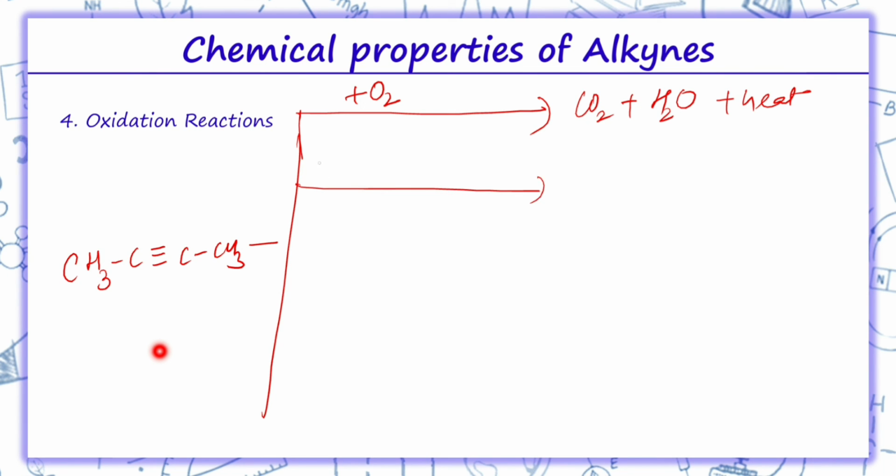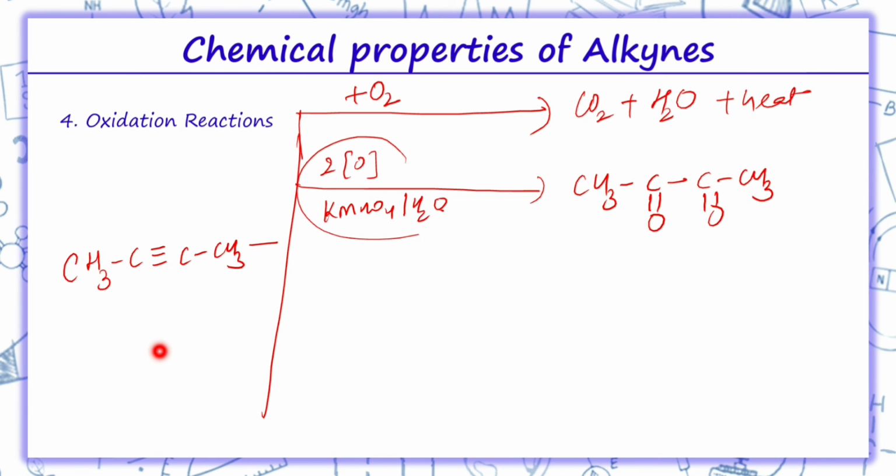Next is oxidation with KMnO4. When an alkyne is passed through an alkaline solution of permanganate, like KMnO4, if the triple bond is not at the terminal position, the triple bonded carbon atoms change to ketonic groups, forming CH3 C double bond O, C double bond O, CH3.